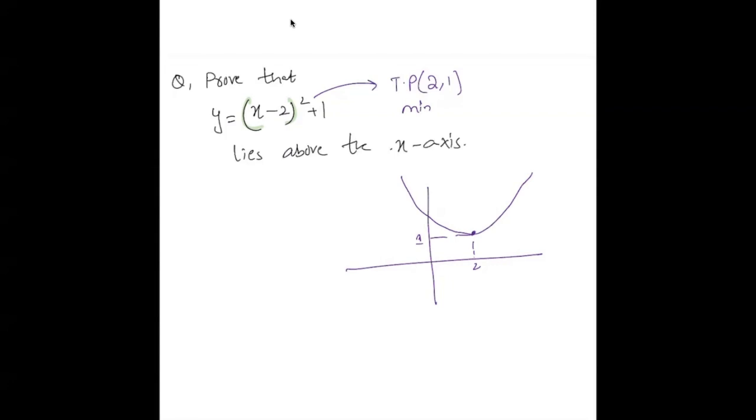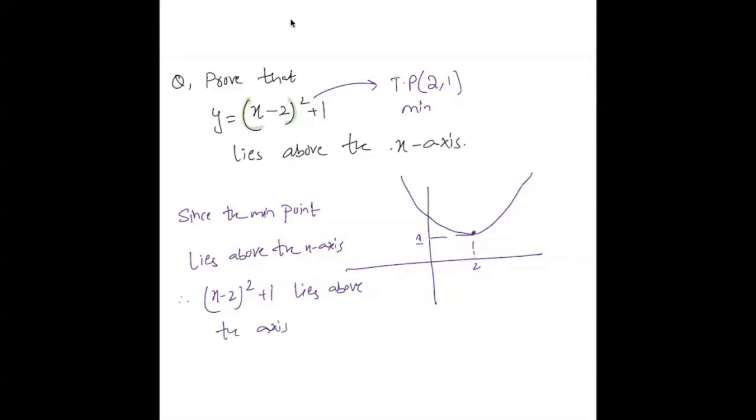Okay, so what is the answer going to be? Since the minimum point lies above the x-axis, therefore (x minus 2) squared plus 1 lies above the x-axis. If the minimum point is above the x-axis, then the entire curve is above the x-axis.